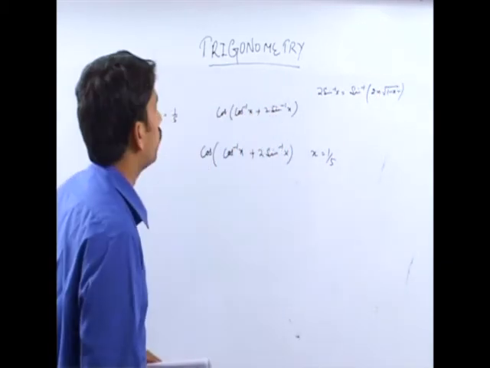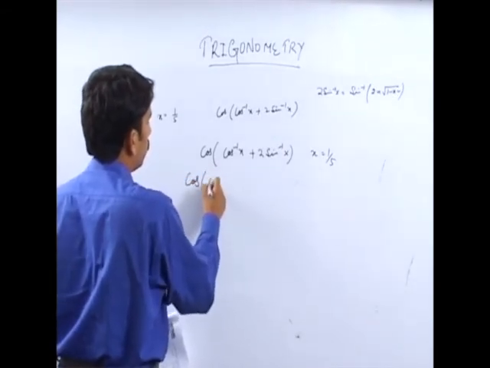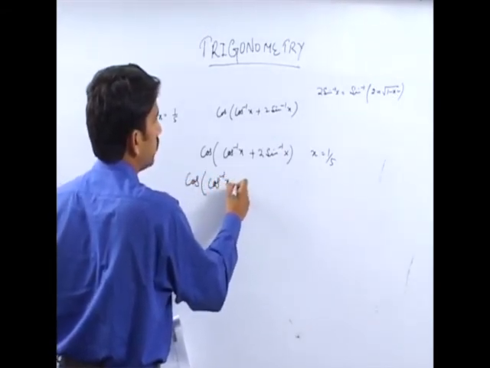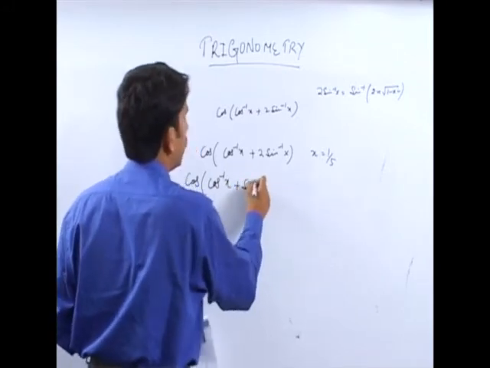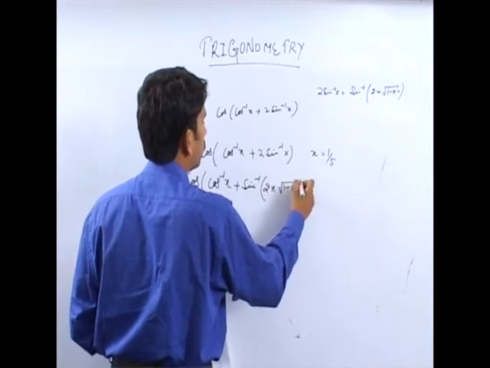So we will put this value here, you will get cos of cos inverse x plus sin inverse 2x under the root 1 minus x square.